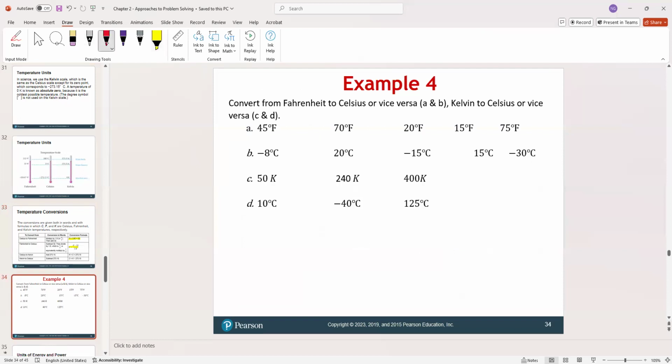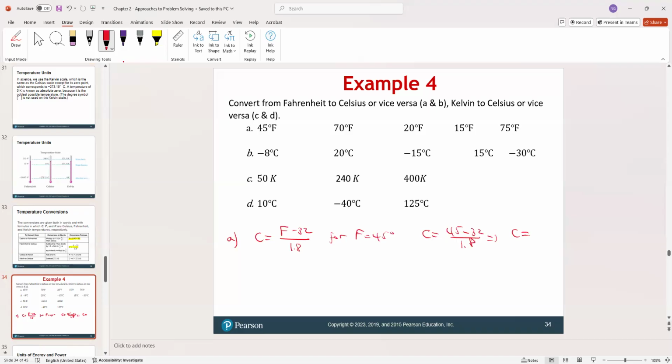Now, conversion all depends. If I have Fahrenheit and I need to convert to Celsius, remember Celsius is F minus 32 over 1.8. So for F equal to 45 degrees, C would be 45 minus 32 over 1.8. So how many degrees Celsius is 45 degrees Fahrenheit?